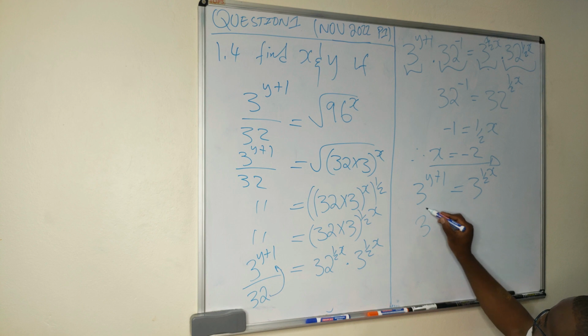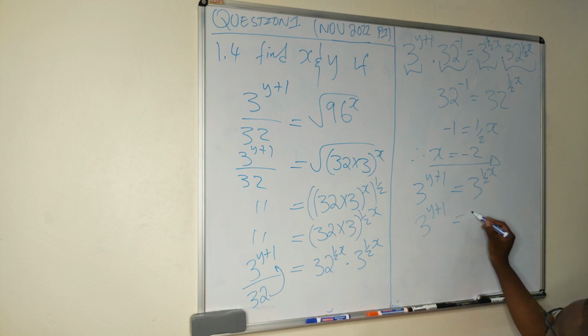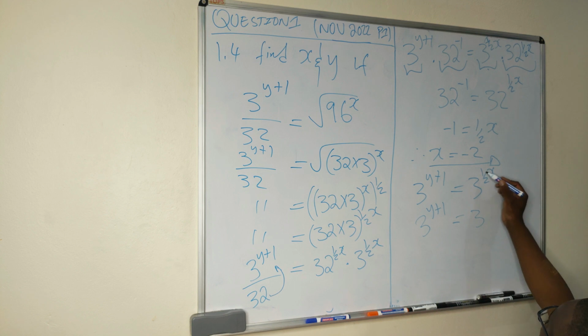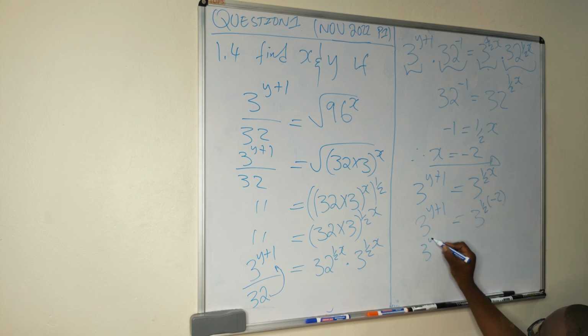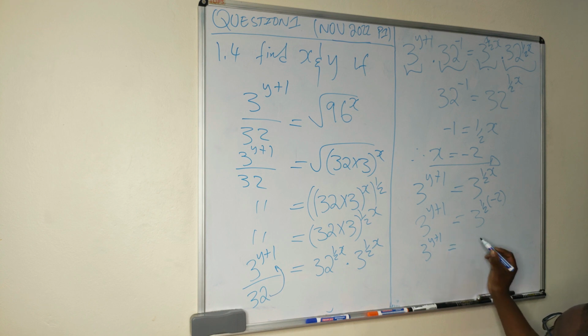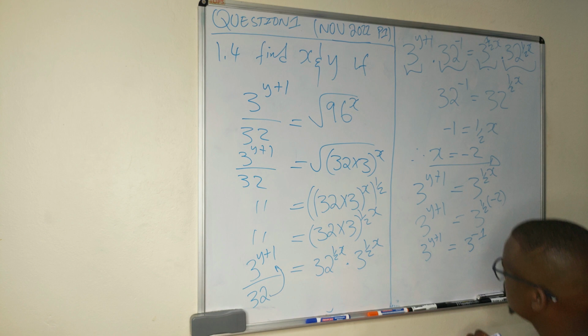So 3 raised y plus 1 is equal to 3 raised 1 over 2 times minus 2, which is our x there. Therefore, we have 3 raised y plus 1 is equal to 3 raised minus 1, right?